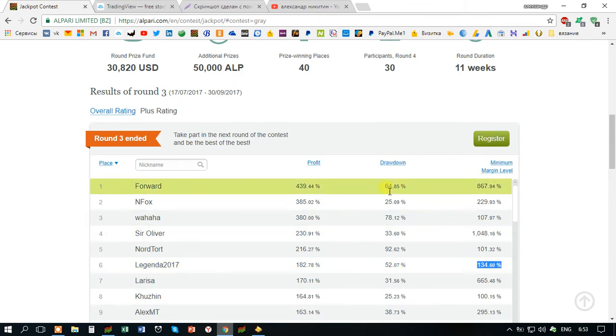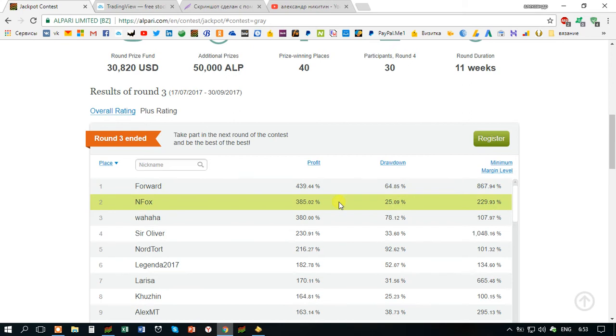The drawdown and the profit here are not calculated on balance, but on the equity curve. So if you are using a martingale system, some kind of net, when you go into a loss you open another position, price goes lower and you open another position, and thus you have a set.